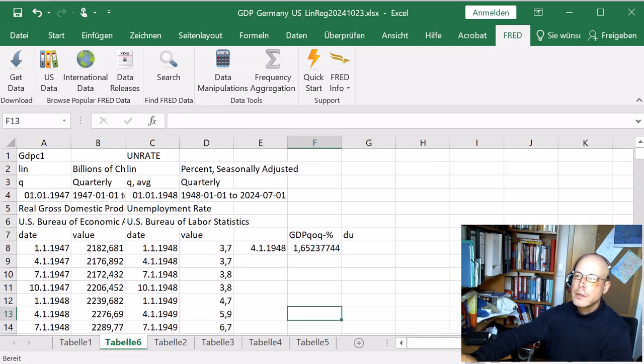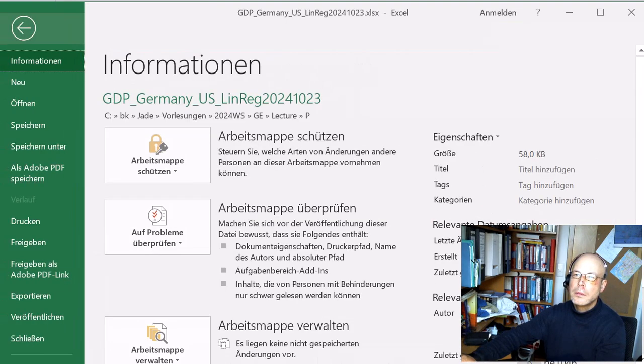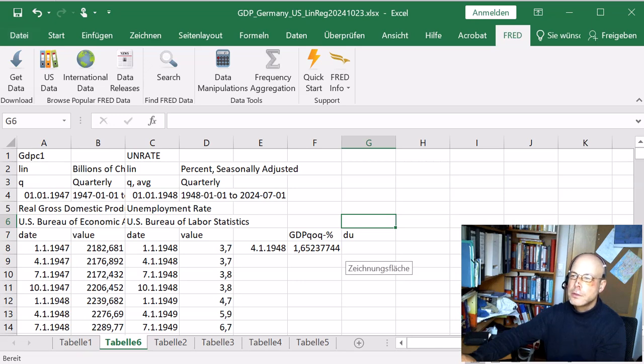No, it's not there. Can I click in it? Oops. What happened there? I cannot write anymore in my Excel file. Oh, sorry. Something bad happened. This still functions.